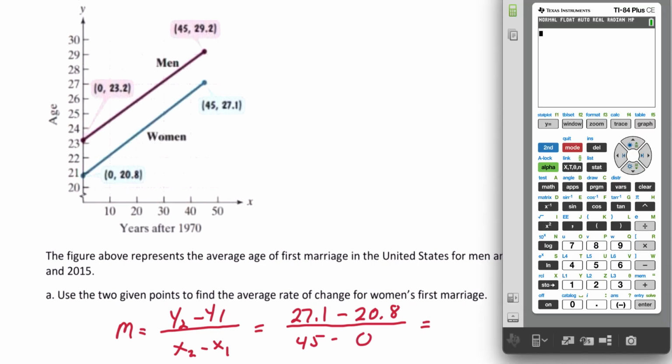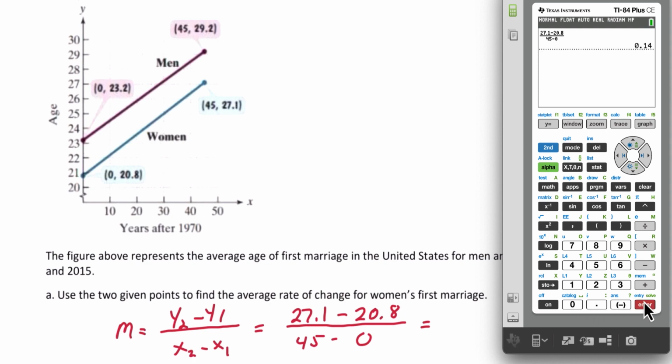Let's put this in the calculator. Alpha y equals, and then hitting enter or number 1 will give us this fraction notation. So now we just have to type in the numerator 27.1 minus 20.8, and then use the cursors to go down to the denominator, and we have 45 minus 0.